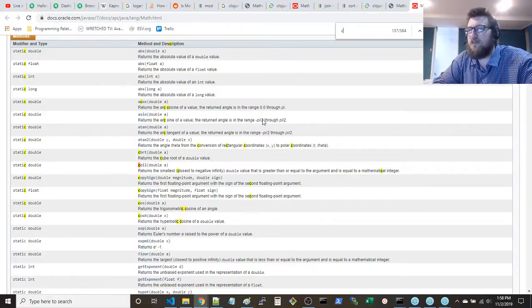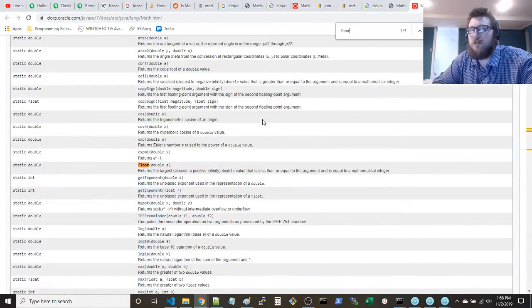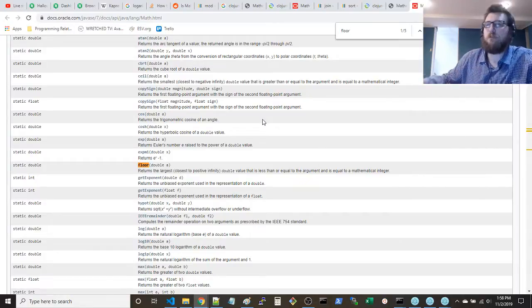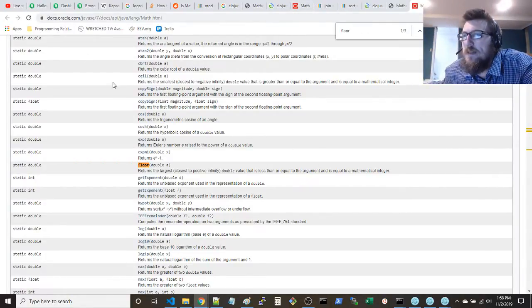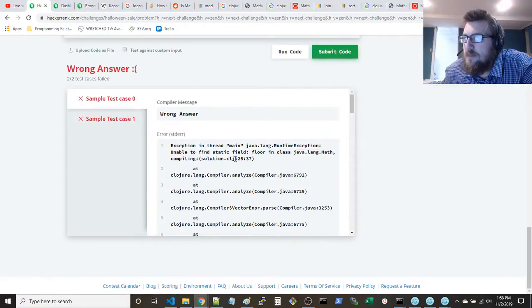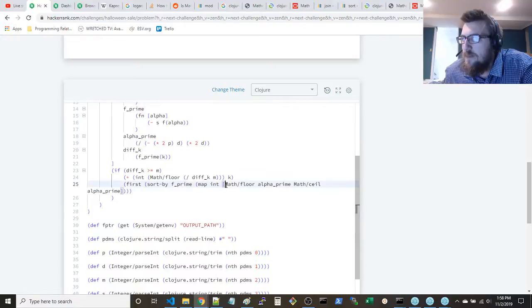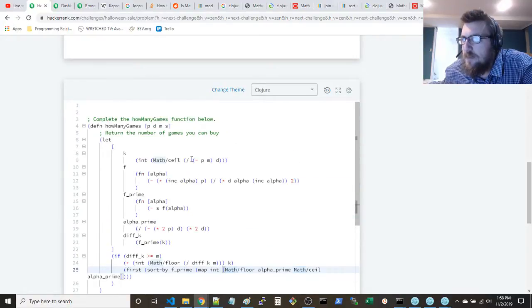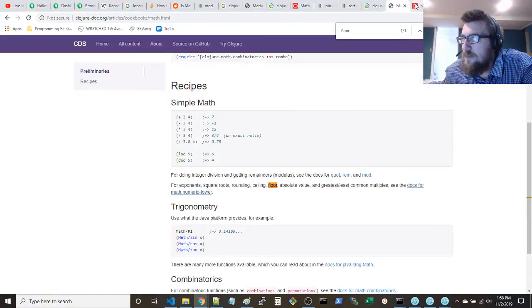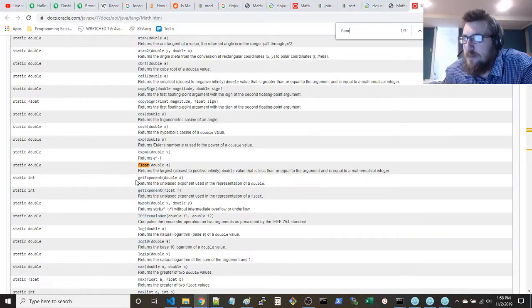There's a ceiling function. There's a floor function. What do you mean we don't have floor? Need to convert to a double? What? Come on, man. That's depressing. Doesn't work. I don't know, man.